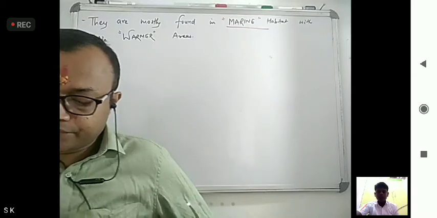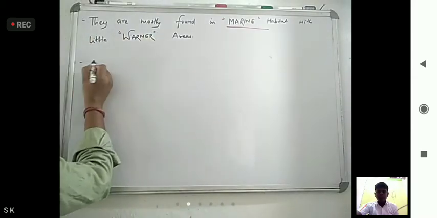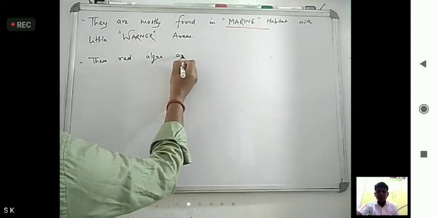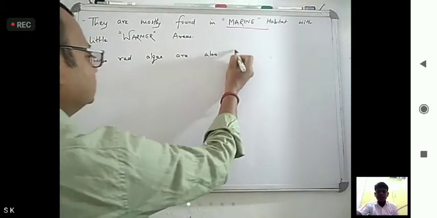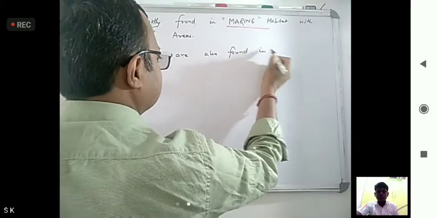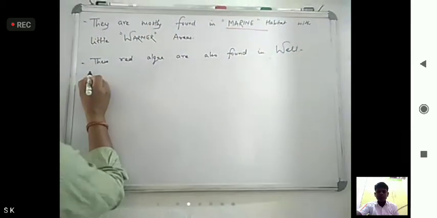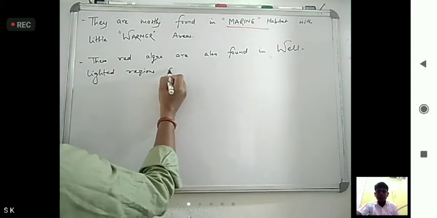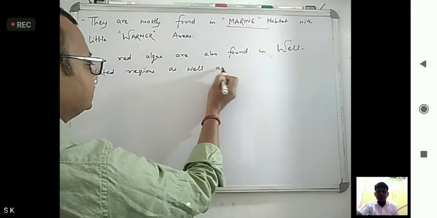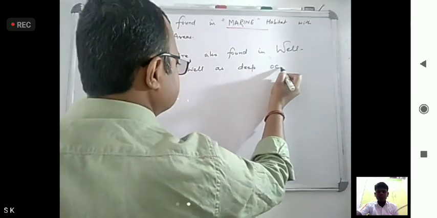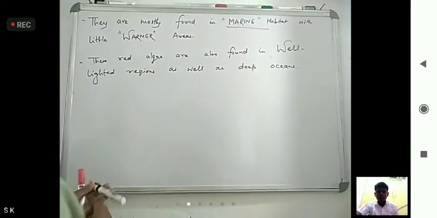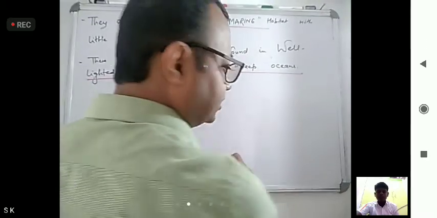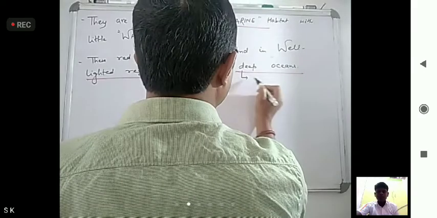What I told: these red algae are also found in well lighted regions as well as deep oceans, where light reaches rarely.